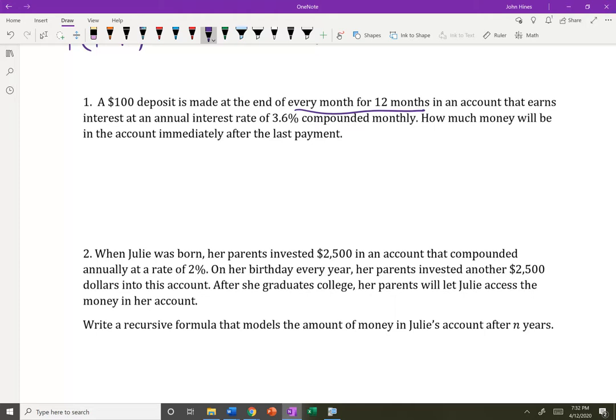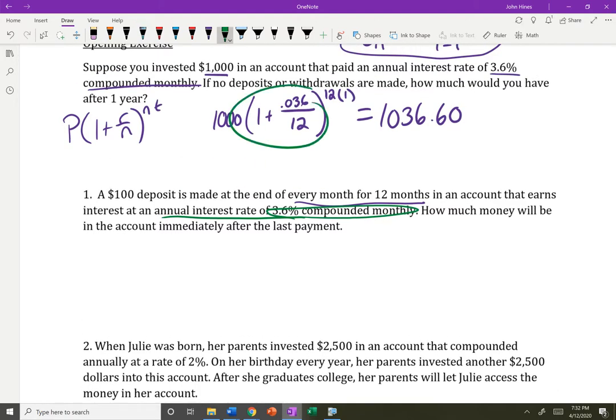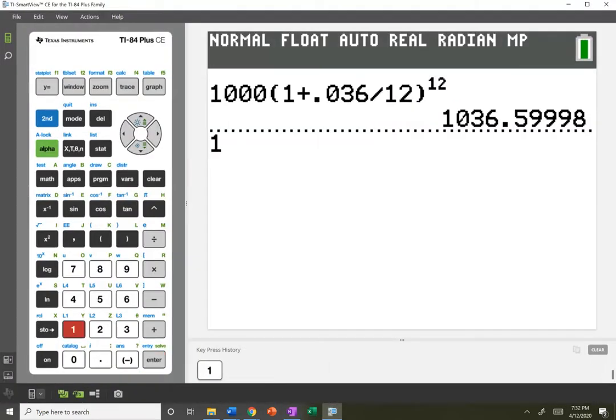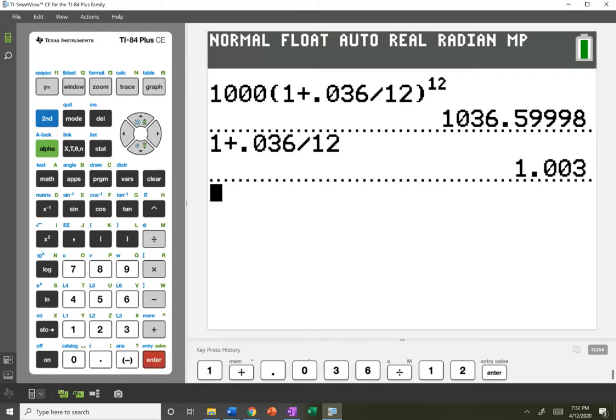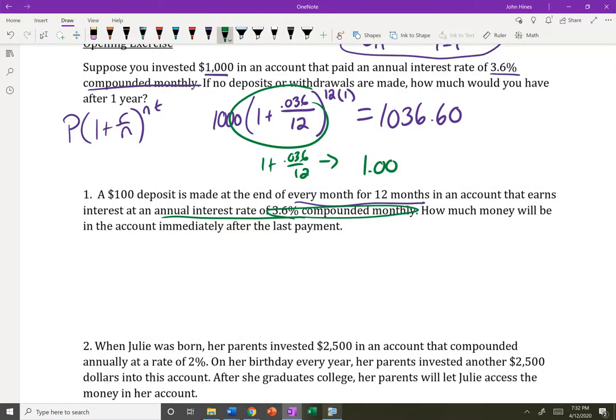So I'm not just taking all my money and throwing it in the bank at once. I'm putting a little bit of the money at a time in the bank account. So $100 is deposited in an account at the end of every month for 12 months, earning an annual interest rate of 3.6% compounded monthly. I have that same idea of 1 plus 0.036 divided by 12, which, if you type that into a calculator, comes out to be 1.003. That's my multiplier.